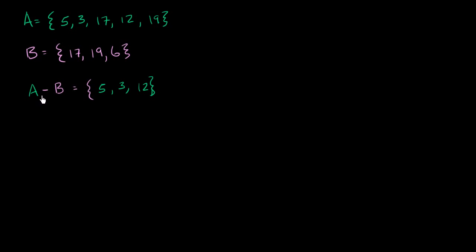So one way of thinking about it, like we just said, these are all of the elements that are in set A that are not in set B. Another way you could think about it is, these are all of the elements that are not in set B but also in set A. So let me make it clear.